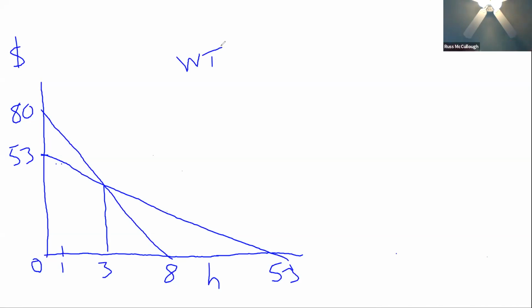Let me try that. I'm thinking about it. So the willingness to pay for the elevator, if we start with that function, was our 53 minus H.